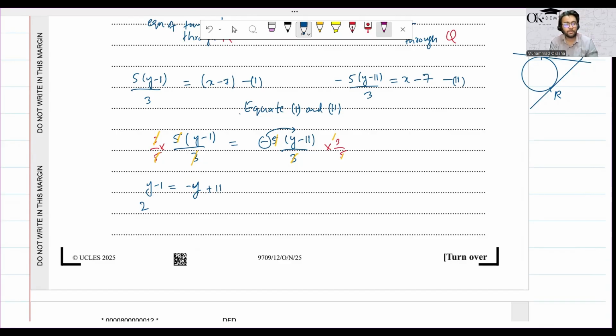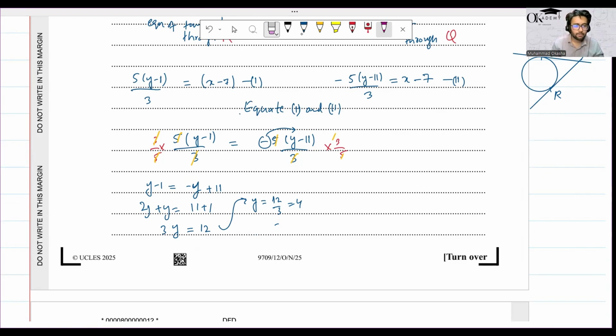So that's going to be y plus y equals 11 plus 1.